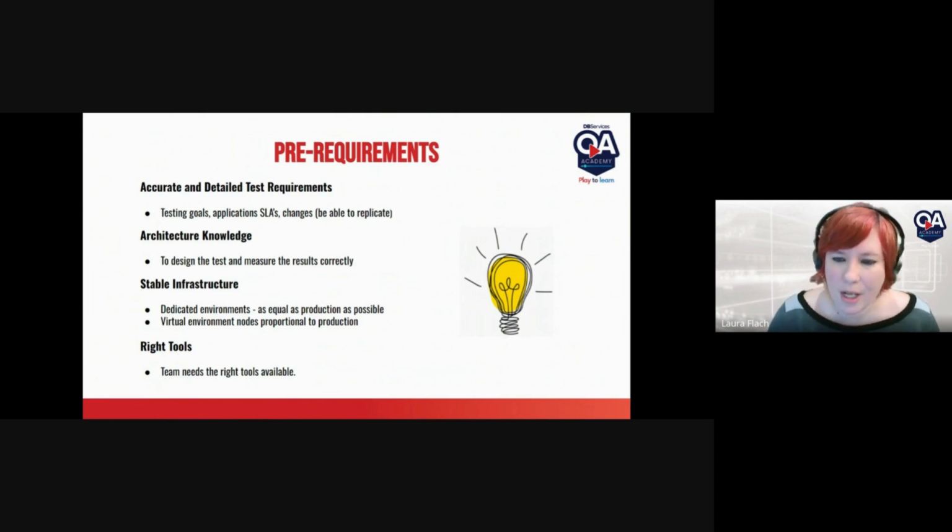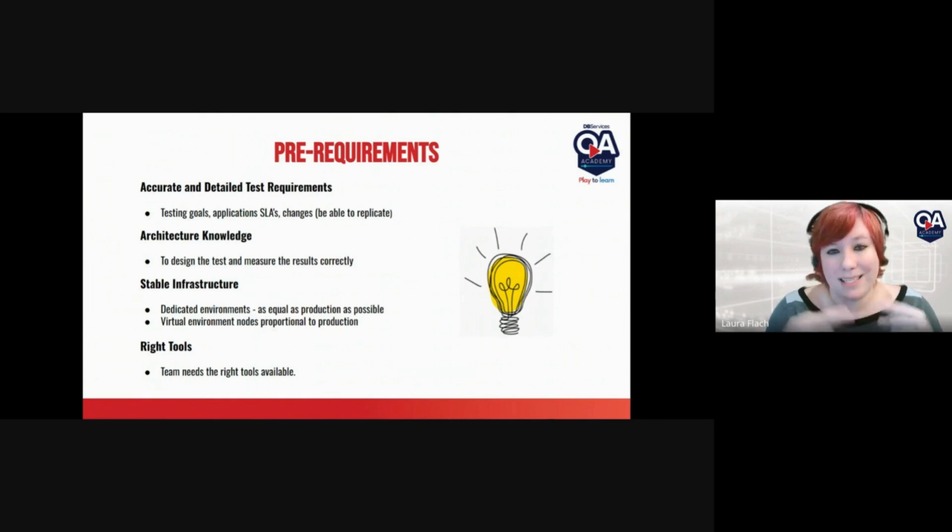For example, you need to be able to calculate a percentage of production, a scalable percentage. If you have four nodes, four servers in production, it's good to have at least, for example, two in the performance environment.